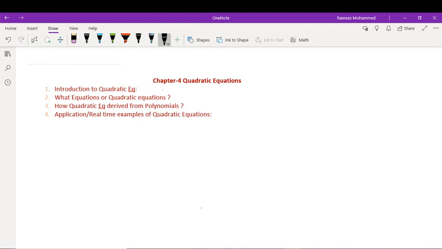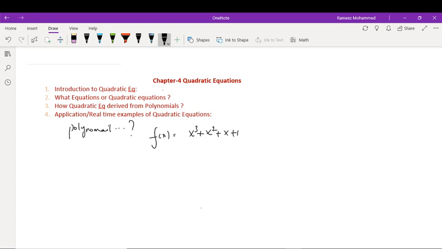So before we jump into quadratic equations, first we need to understand what a polynomial is. Let's assume that you have a function in x, it could be of any form, like x cubed plus x squared plus x plus 1.